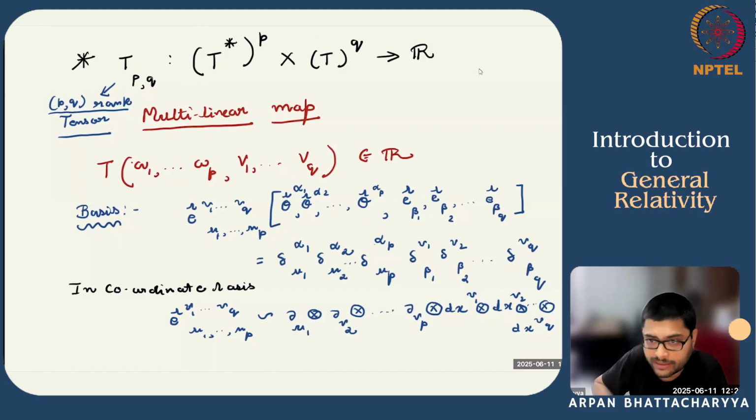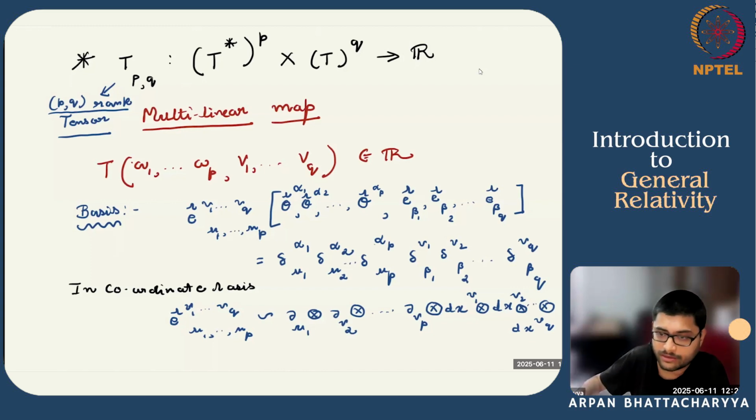So there are P of them, and then it takes Q number of these basis vectors of vectors or contravariant vectors, which we denote by e hat, and this gives the delta function. So theta alpha 1 with the mu1 index gives the delta function, alpha 2 with mu2 gives a delta function, and so on. And similarly for this e hat beta 1 with this upper index nu1 gives the delta function, and so on. So from this there are Q number of these delta functions. So these are Kronecker deltas.